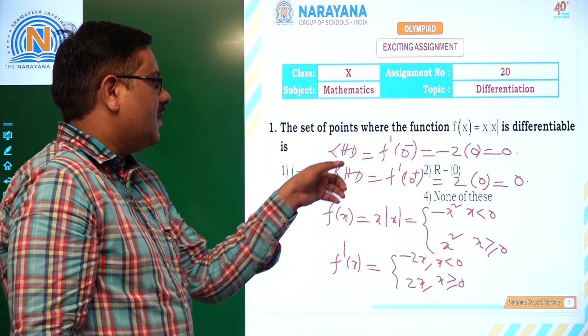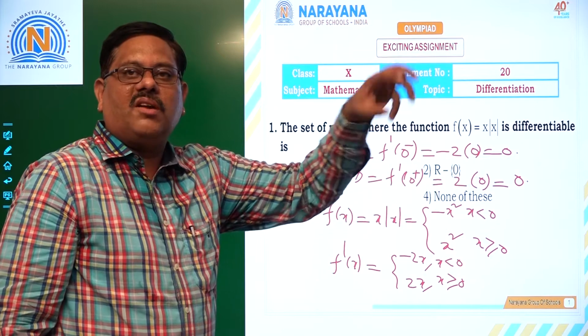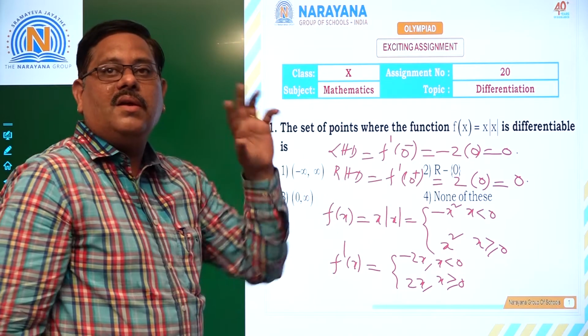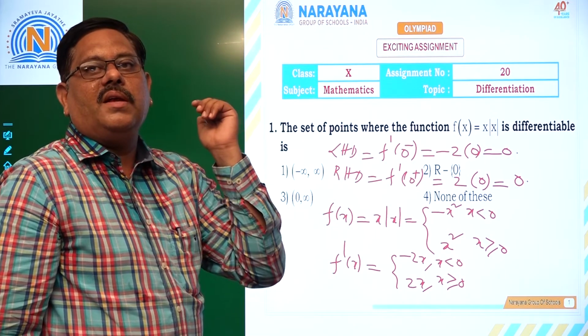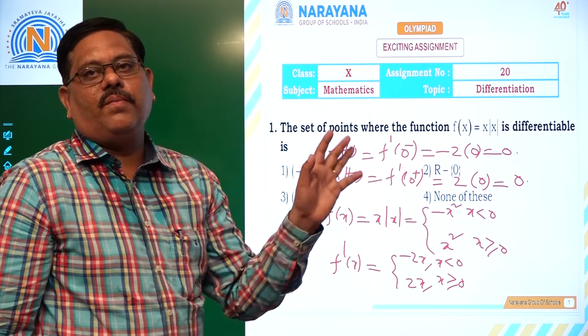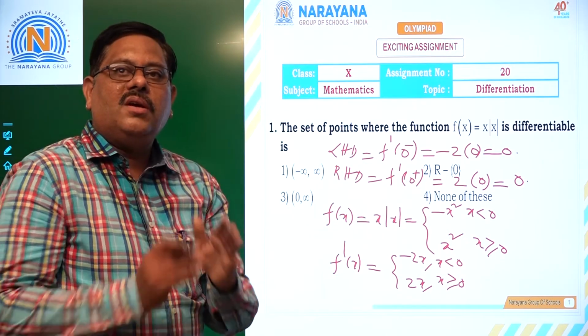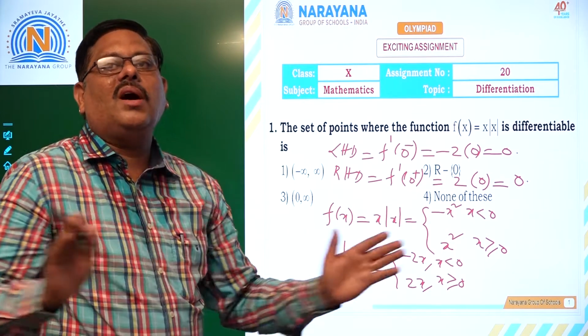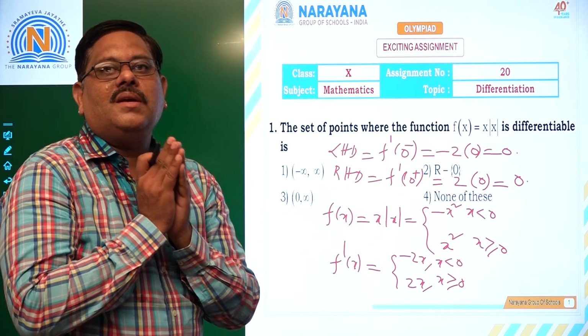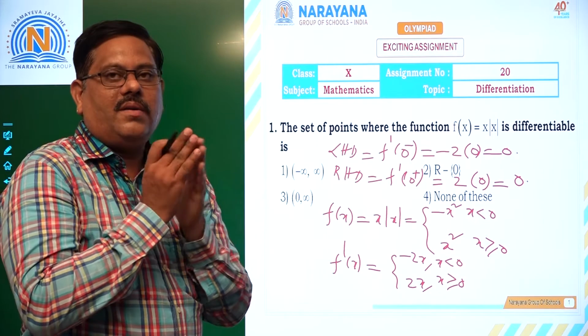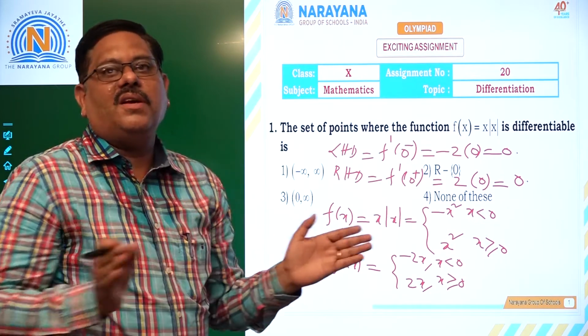Here both LHD and RHD exist as 0. That means both are finite, and of course they are equal. So the function is differentiable at 0. If it is differentiable at 0, the function is differentiable throughout R. Whatever point x you take, the function is definitely differentiable there.